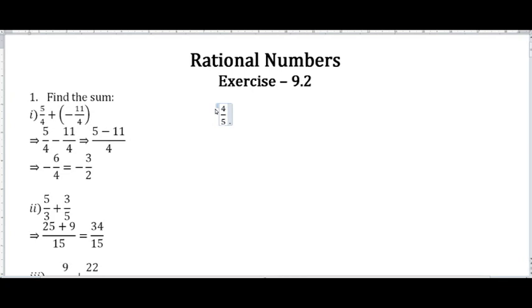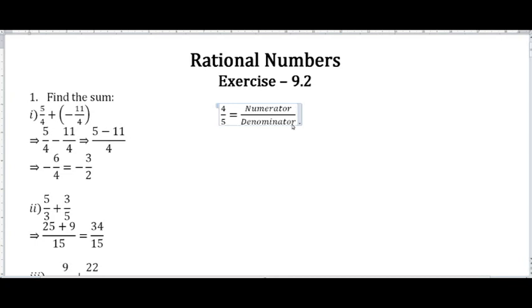In this 4 by 5, the number which is in the upper part is called the numerator. So 4 is called the numerator, and the one which is at the lower part is called the denominator. So here in this number, 4 is the numerator and 5 is the denominator.